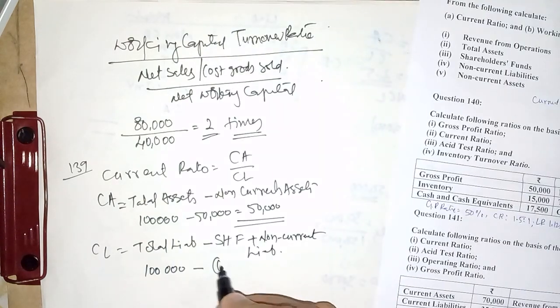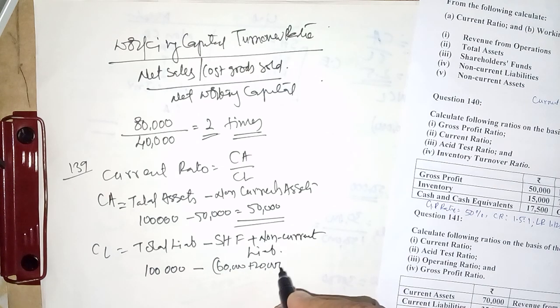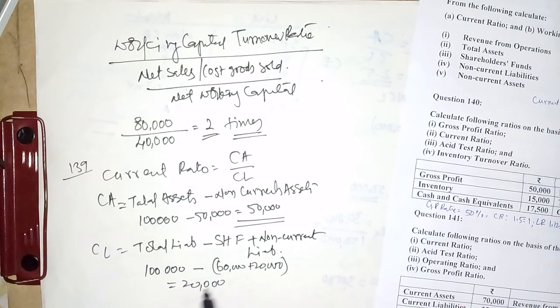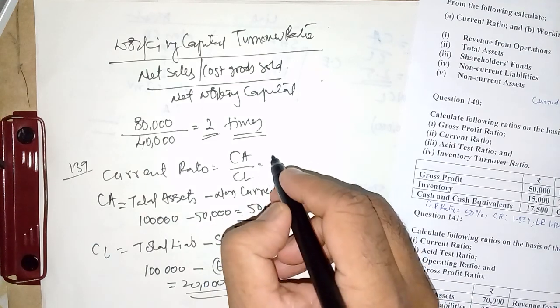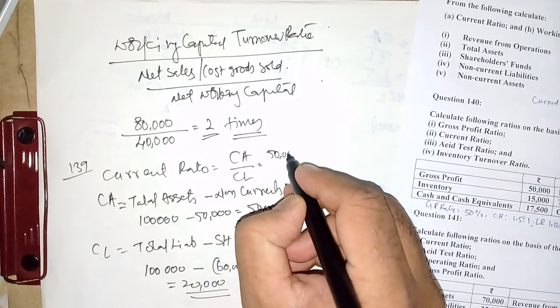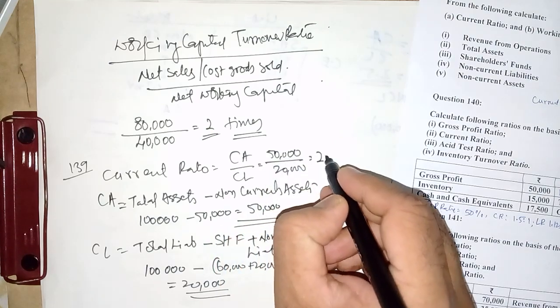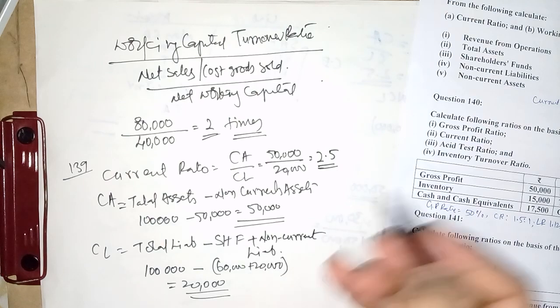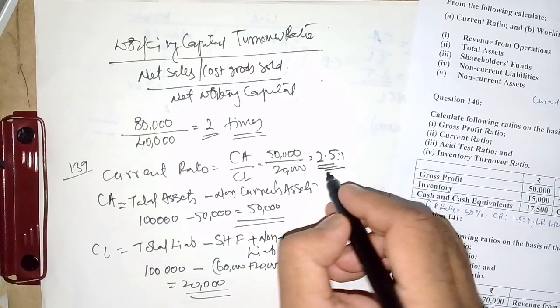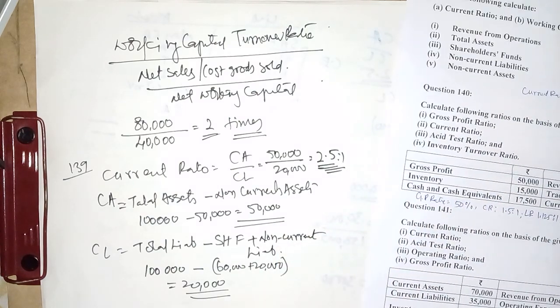So 1 lakh minus 60,000 plus 20,000 is 80,000. Then 1 lakh minus 80,000 equals 20,000, our current liabilities, right? Then apply the formula: current assets 50,000 divided by current liabilities 20,000 is equal to 2.5. 2.5 is to 1, right? So this is the way.